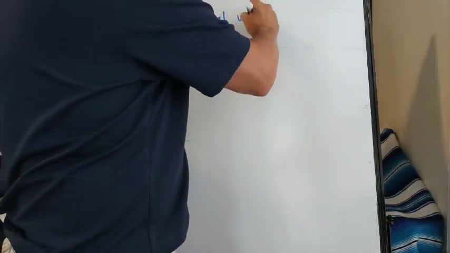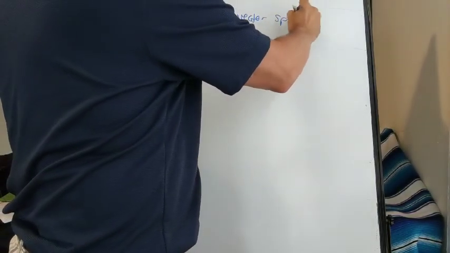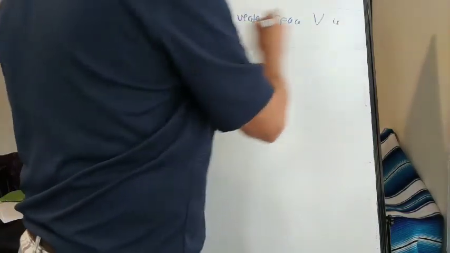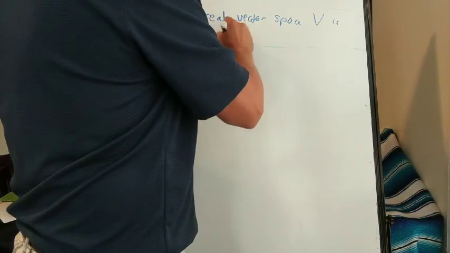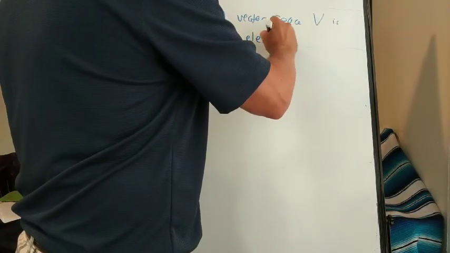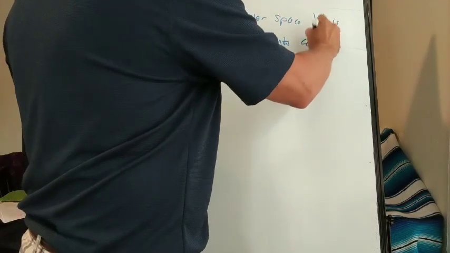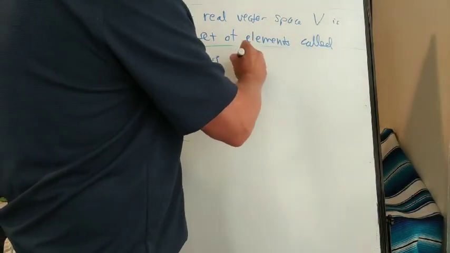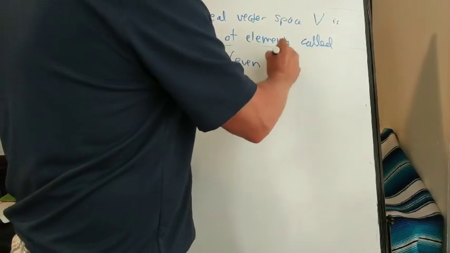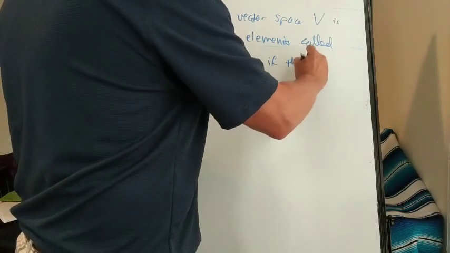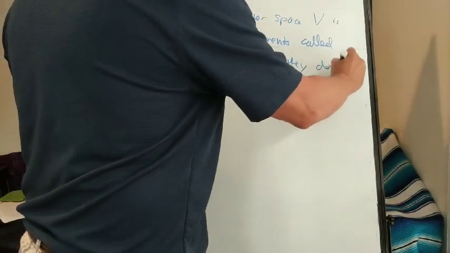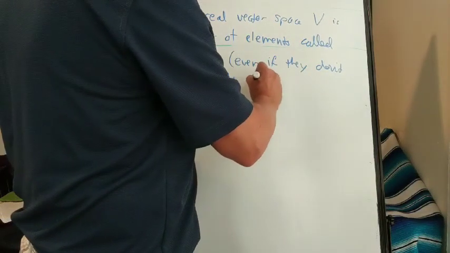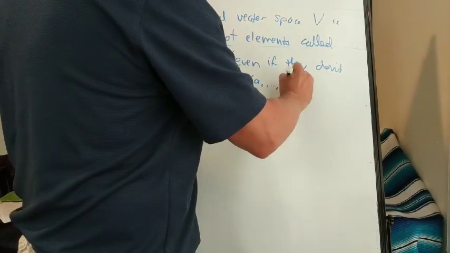So a real vector space, V, is a set of elements called vectors. They're called vectors even if they don't look like lists of real numbers.